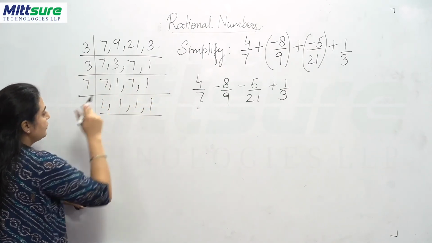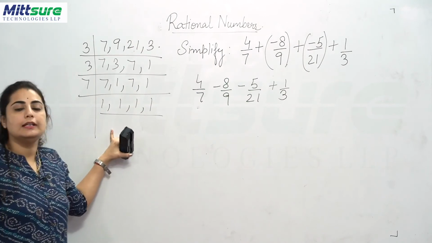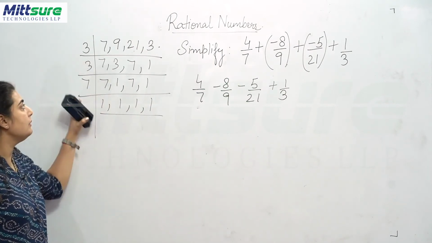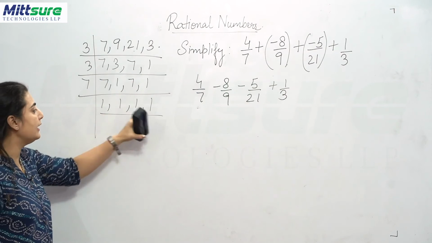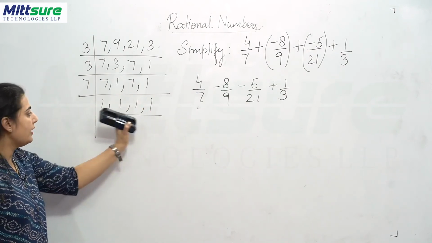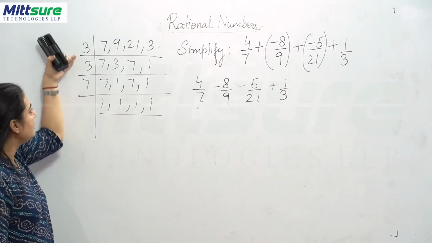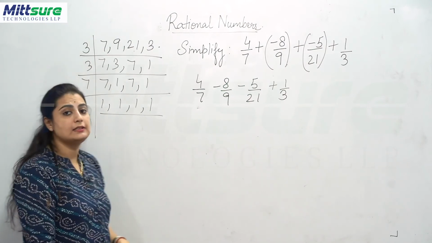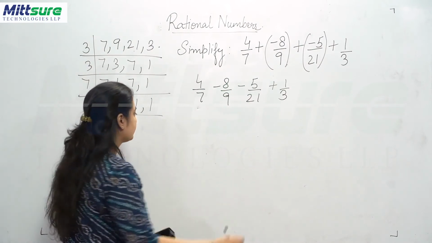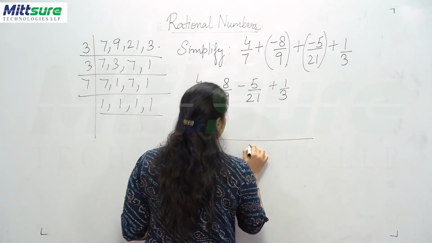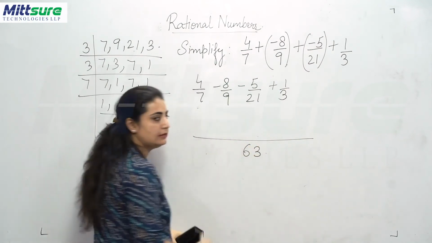This is the condition in the long division method, that whenever you are dividing with prime numbers, you have to get 1 in the end. So I have got 1 in the end. Now 3 3s are 9 and 9 7s are 63. So the LCM comes to be 63.